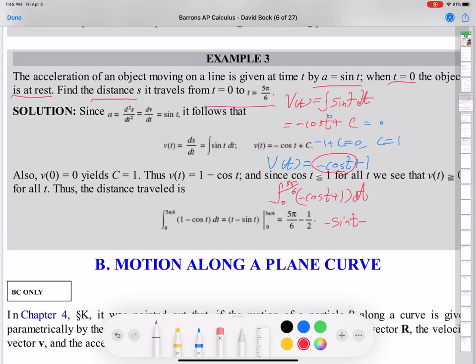So 1t, that means t, from 0 to 5 pi over 6. Plug in 5 pi over 6 for t. Negative 1/2, because sine 5 pi over 6 is 1/2, plus 5 pi over 6, minus sine 0 which is 0, so 0. So the final answer is what? 5 pi over 6 minus 1/2 is the final answer.